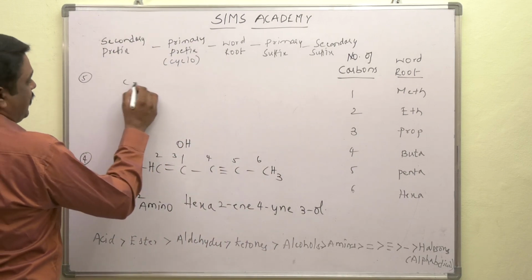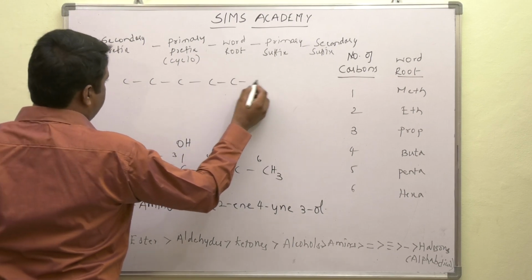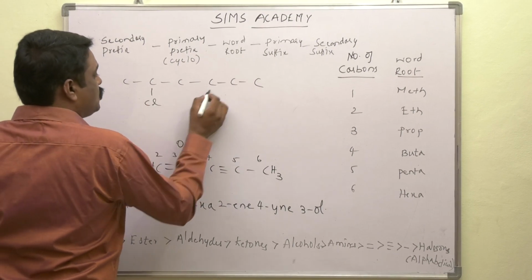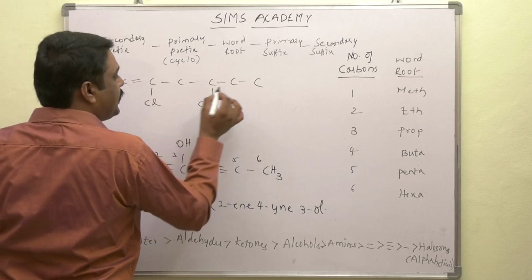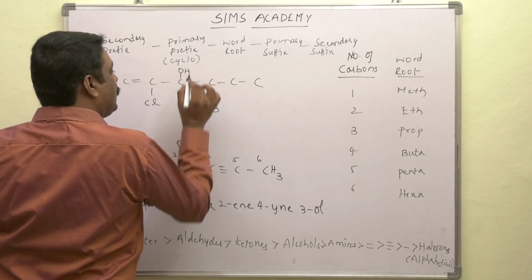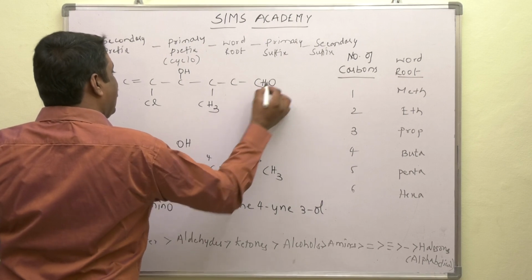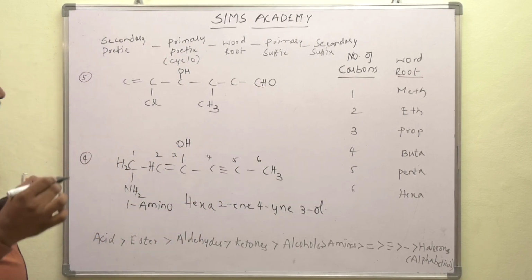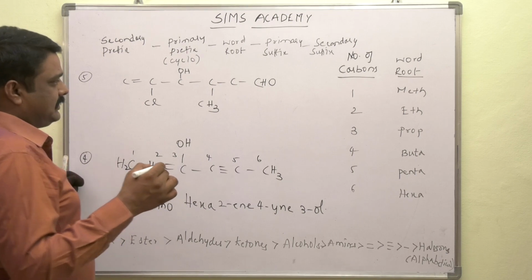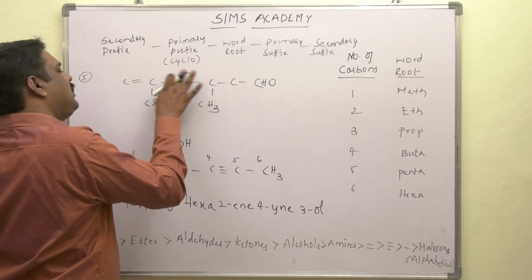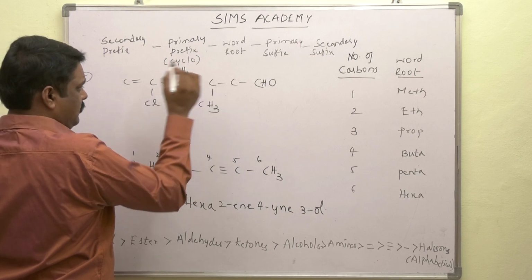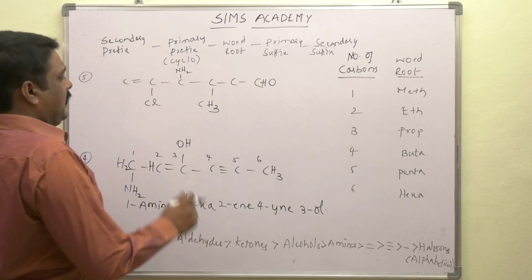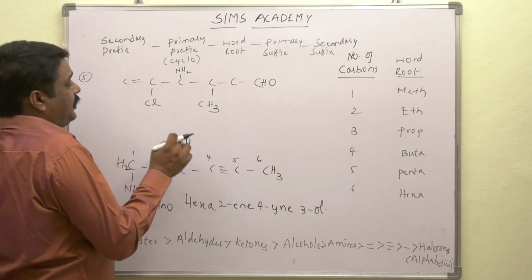Let us take another example including the methyl group and also other substituents. 1, 2, 3, 4, 5, 6. Chlorine, methyl, double bond, we will take alcohol, we will give aldehyde, we will give amine. Remaining we shall fill with hydrogens.